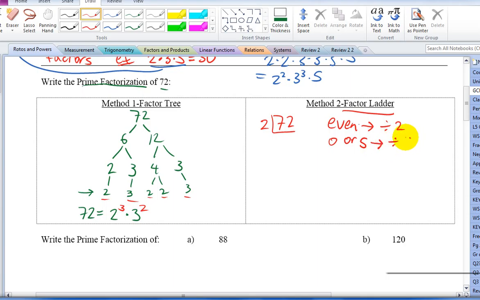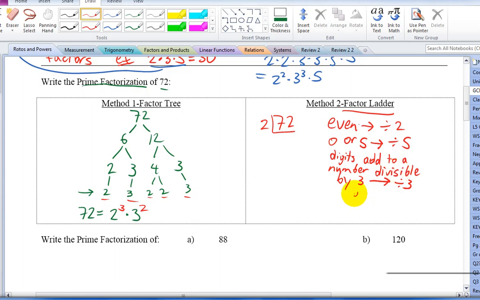Divide by 5. What about if the digits add? What does 7 and 2 add to? 7 plus 2 equals 9. So if the digits add to a number divisible by 3, then you can divide by 3.